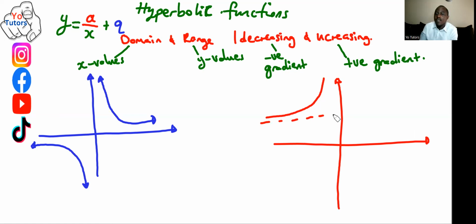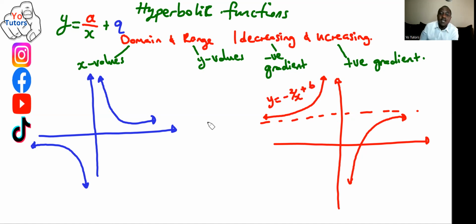Let's now say we have an asymptote there. Let's also have another one here. So let's say this graph here is y equals -2 over x plus 6. This is the graph of, let's say, y equals 3 over x. And this is the graph that we have.